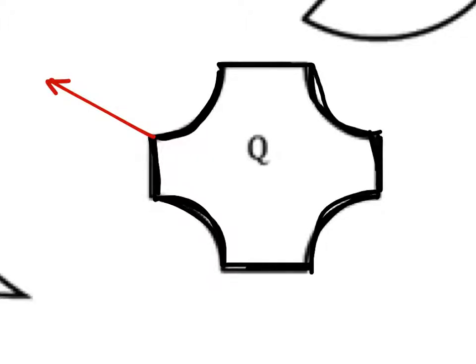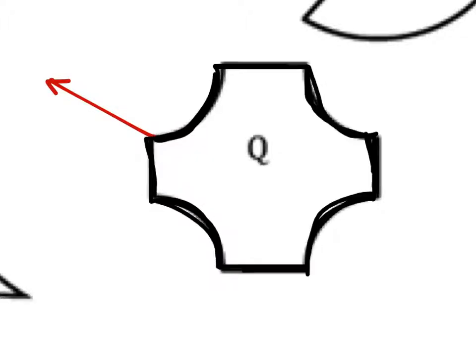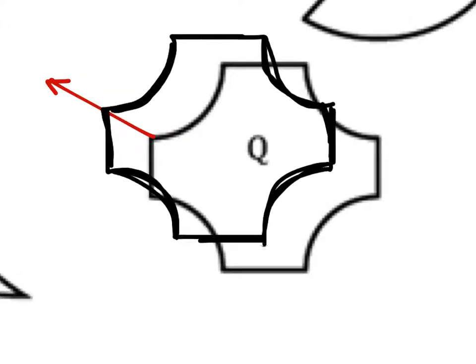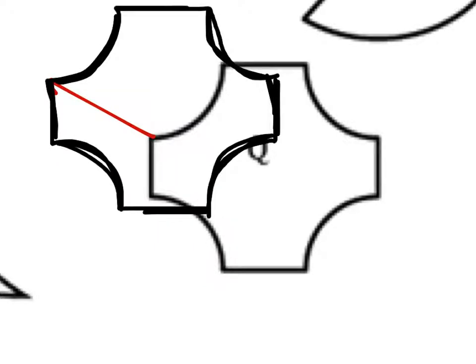Alright? So that means I should be able to take that shape. Now I put that vector right on that corner, which means I can just slide this right along that corner. It's just sliding right along that vector to the edge. And this new shape here would be considered Q prime.